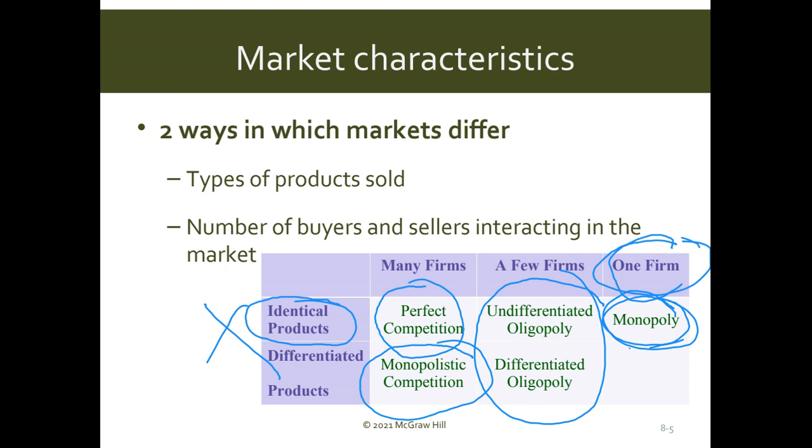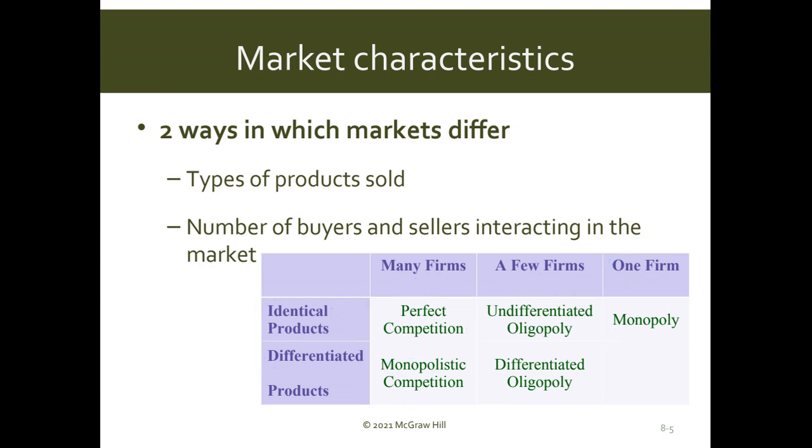Okay. Now, once we know this, chapter number 8 and 9 will talk about perfect competition. Chapter number 10 will talk about monopoly. So basically, this is how we are going to discuss. First, we discuss two extremes.